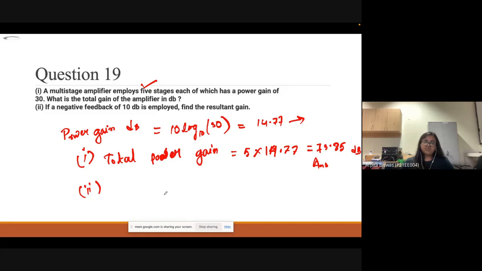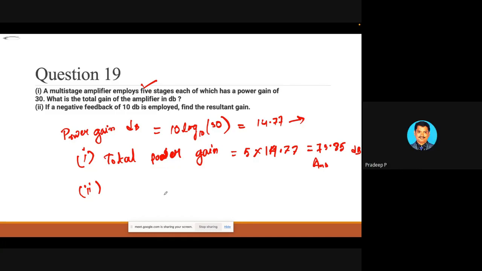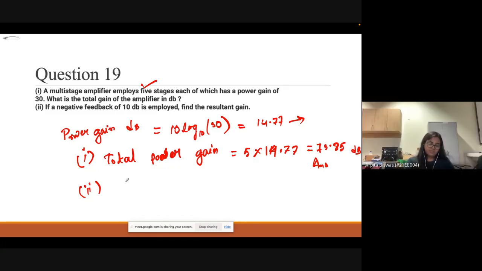Just reduce this 10 from the 73.85. That gives 63.85. So this is the resultant power gain.